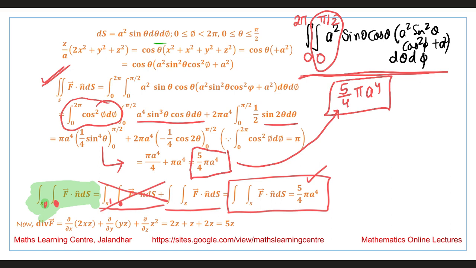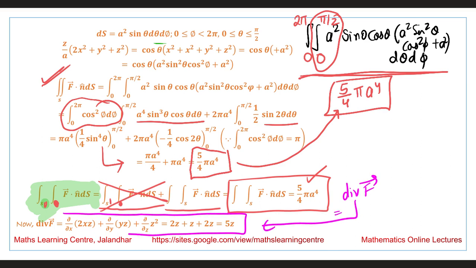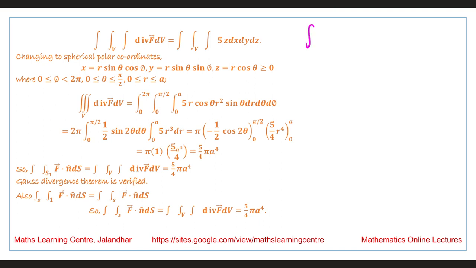Now we have to verify the divergence theorem. We calculate the divergence of f vector, which is the partial derivative with respect to x, then with respect to y, and with respect to z, and on solving this, the value we obtain is 5z. Then we have the triple integration of 5z dx dy dz over the volume V of the sphere.